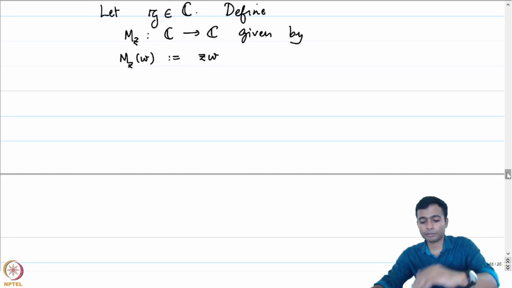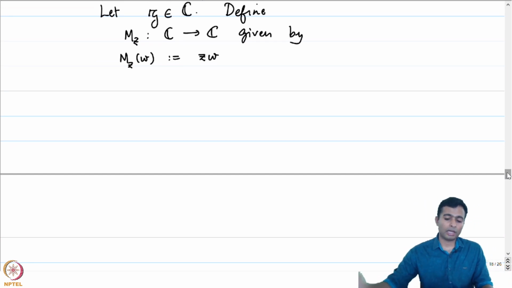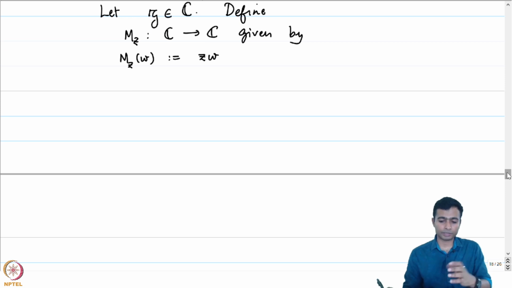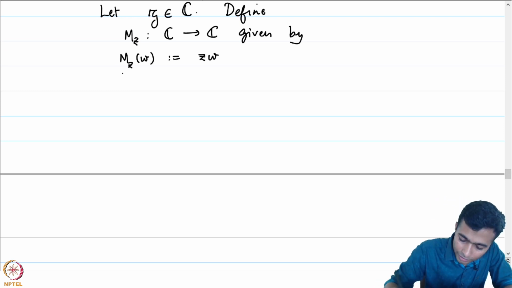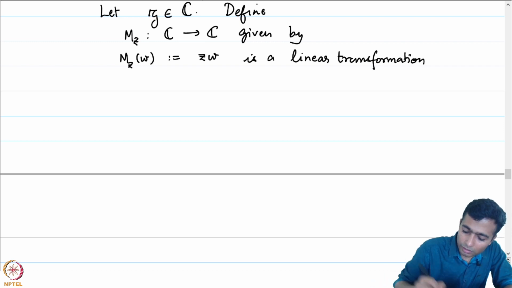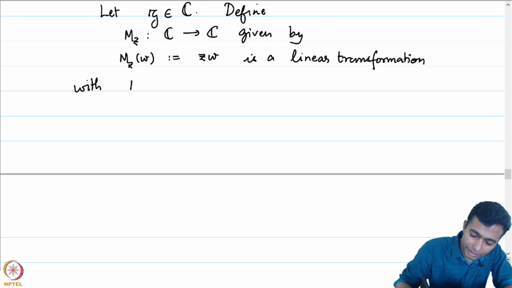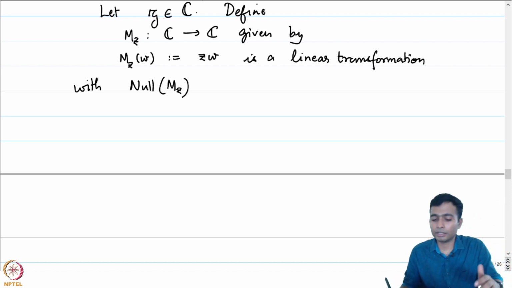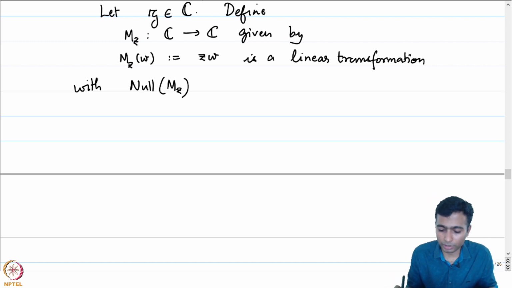This is left multiplication by Z. And you should check that M_Z is actually an R linear map. It's a linear transformation. This is an easy check. And you will immediately note that the null space of M_Z, what will be in the null space? It will be all those elements W such that Z times W is equal to the 0 element.